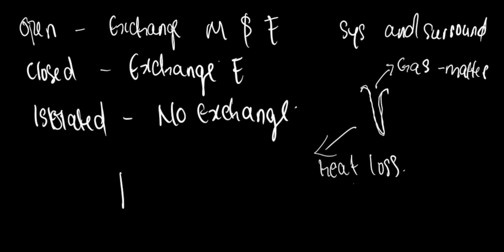Now in a closed system, take for instance we cover the test tube. Okay, so we cover the test tube. So the matter is intact. The gas that is produced stays within that test tube. So the gas stays within the test tube. All the reactants and all the products, they all stay within the test tube. There is no exchange of matter in this system.